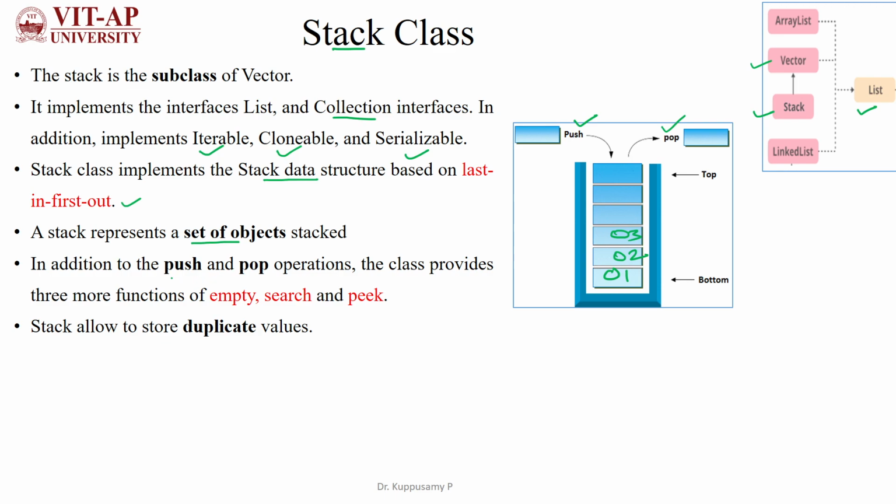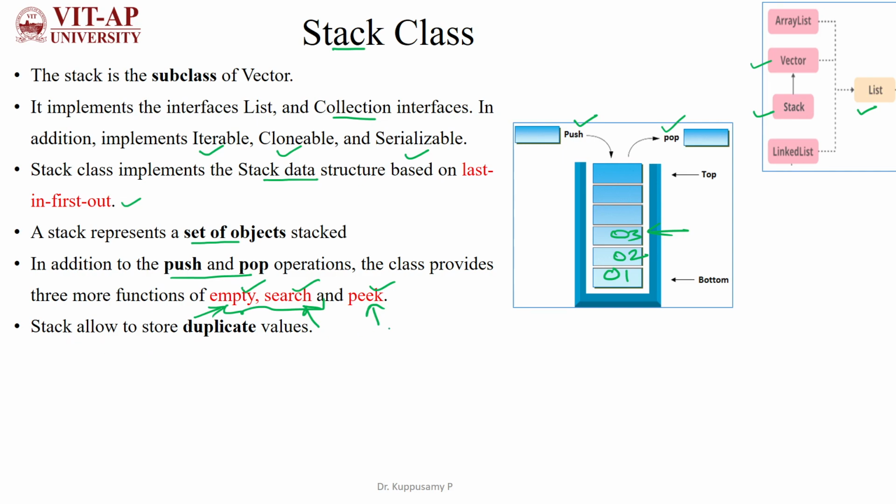In addition to this, we have built-in methods empty, search, and peek. Peek checks the top element of the stack, search is used to access an element from the stack, and to check whether the stack is empty or not, we use the empty method.